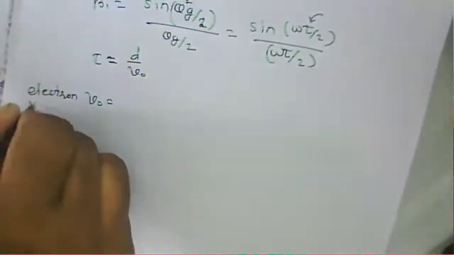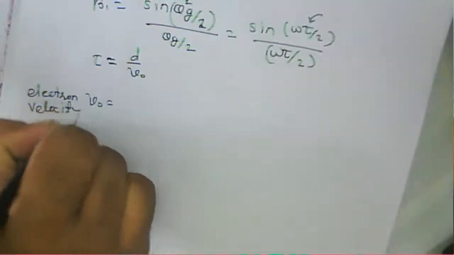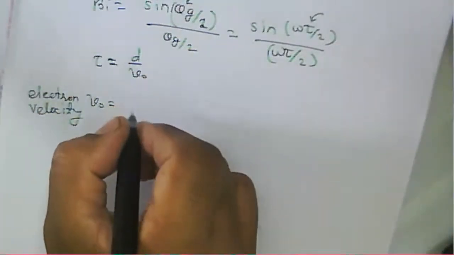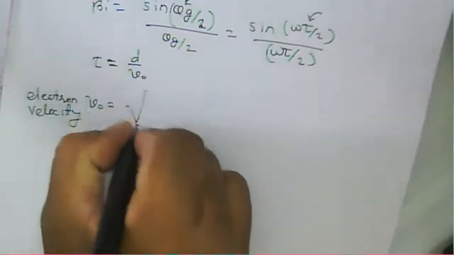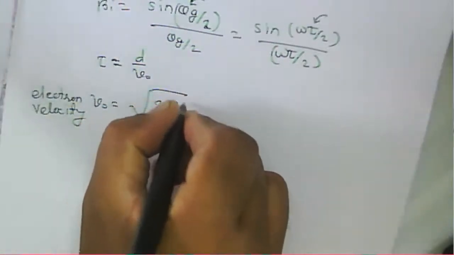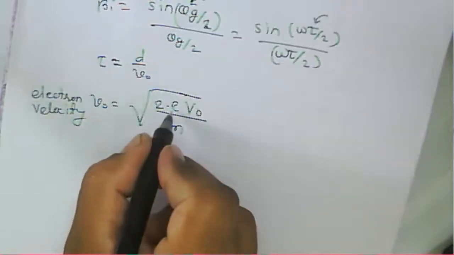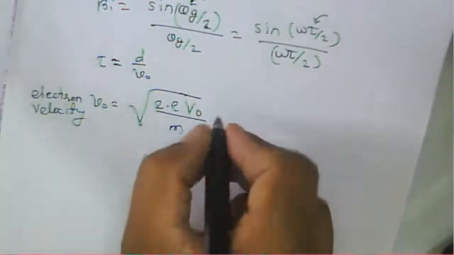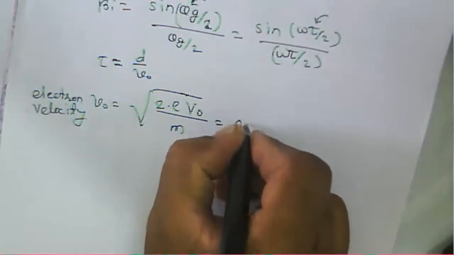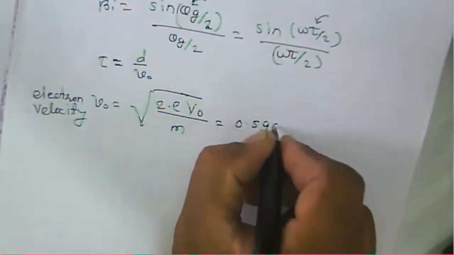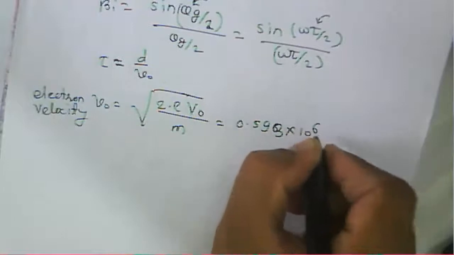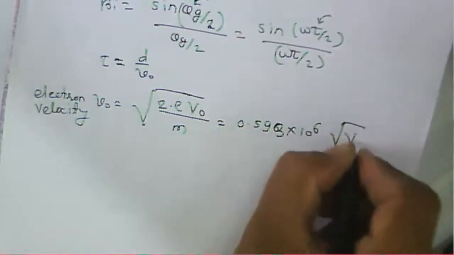The electron velocity v0 is equal to the square root of 2 e V0 divided by m, where e is the electron charge and m is the mass of the electron, or we just use 5.93 into 10 to the power 6 times the square root of V0.